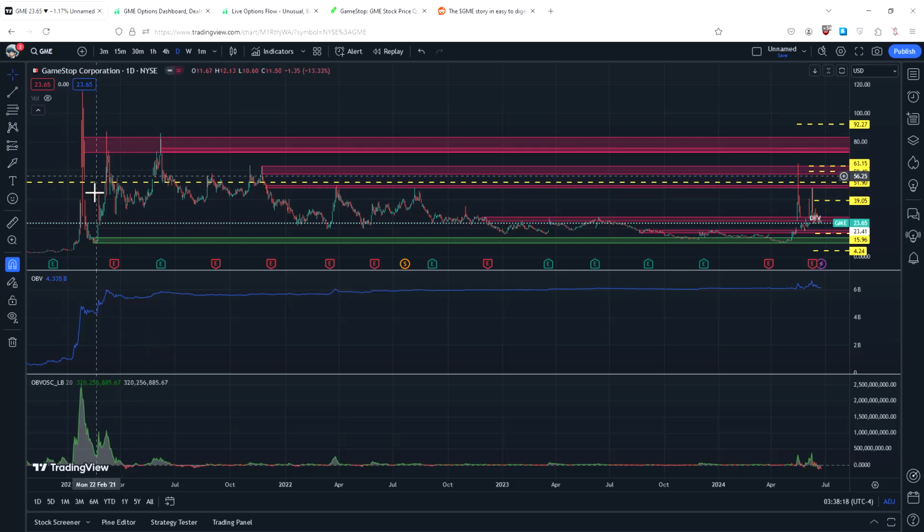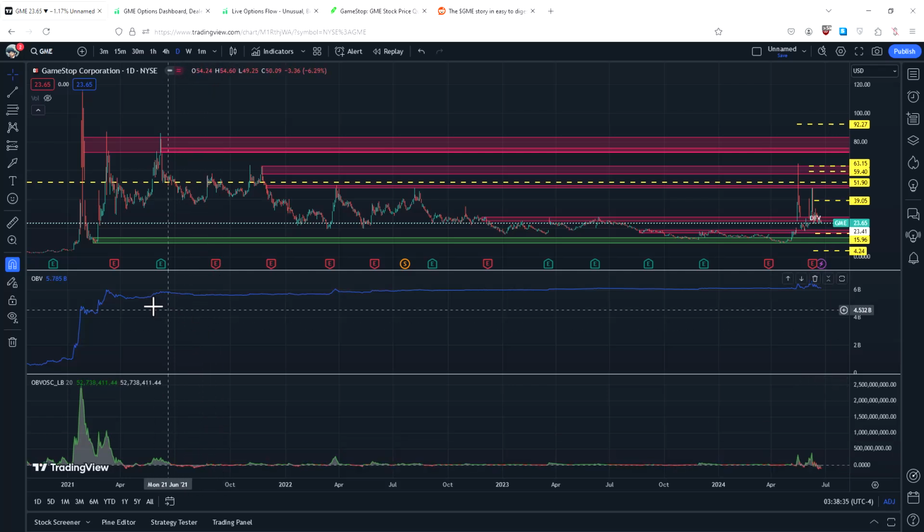So here's a comparison. Here's OBV that the conspiracy folks like to use, and here's an oscillator version that I use that gives me a little bit more of an idea of what's going on, like when the buying's over and the selling begins.